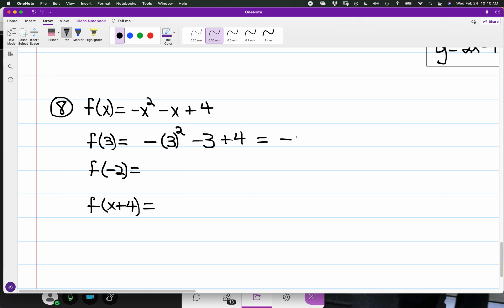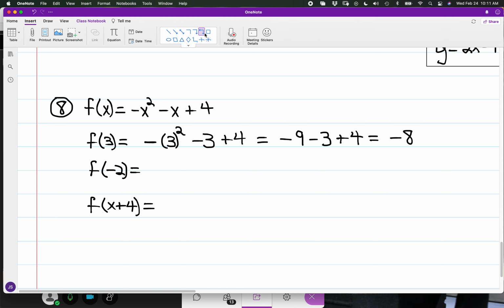Opposite sign, we're going to have -9. And we have again minus 3 plus 4. And we have -9 minus 3 is -12. And in turn, negative 12 plus 4 ends up at negative 8. So whenever we have x at 3, the resulting y value will be negative 8.